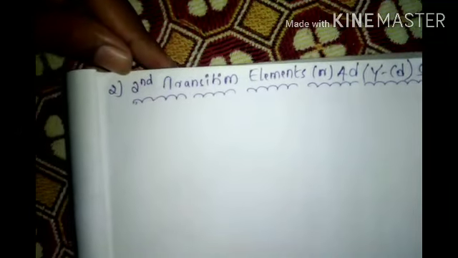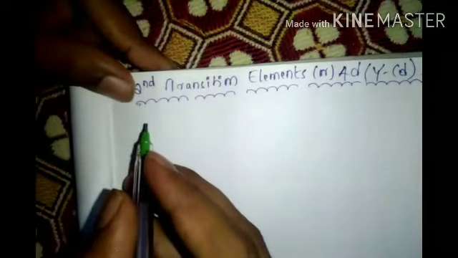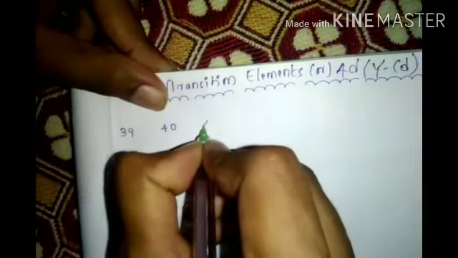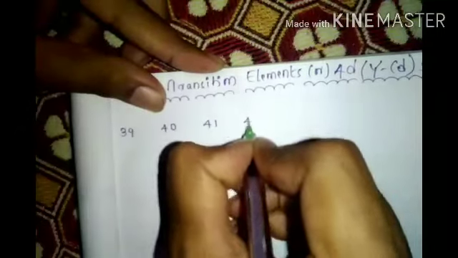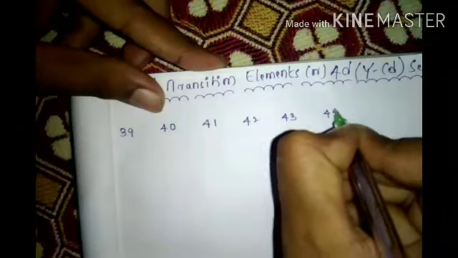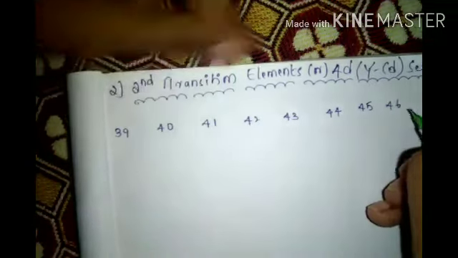Now take the atomic numbers: 39, 40, 41, 42, 43, 44, 45, 46, 47, 48.